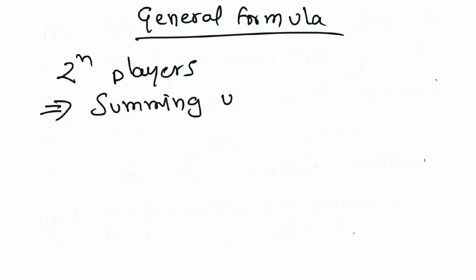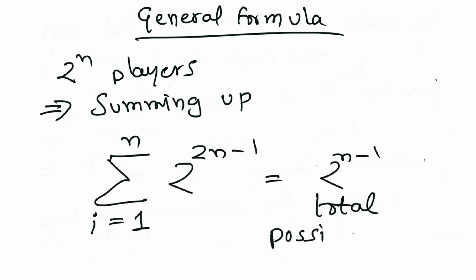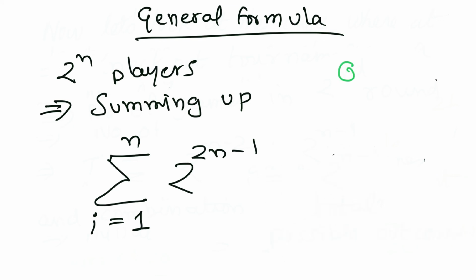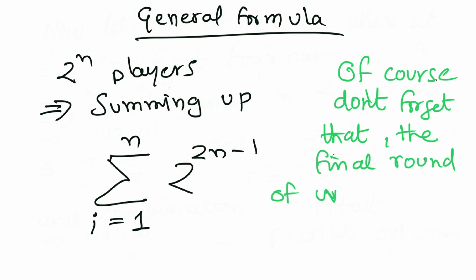And so the summation would be sigma from i equal to 1 to n of 2 raised to n minus i, that is 2 raised to n minus 1 total possible winning combinations. Of course, we shouldn't forget that in the end there will be only 2 players. That's a team. It's a team, that is, 2 players will be winning.